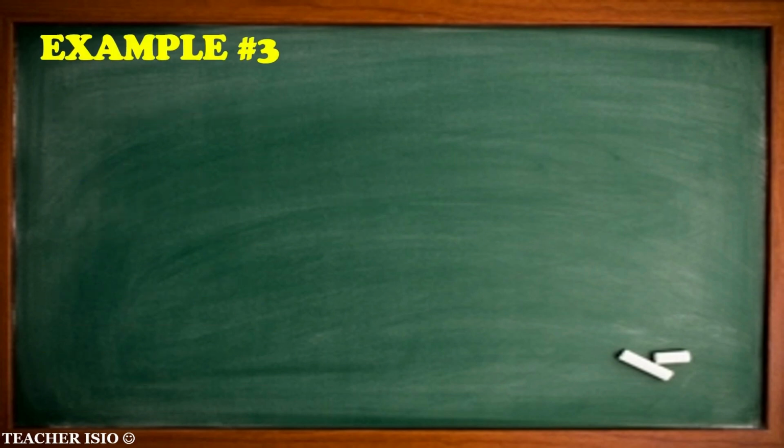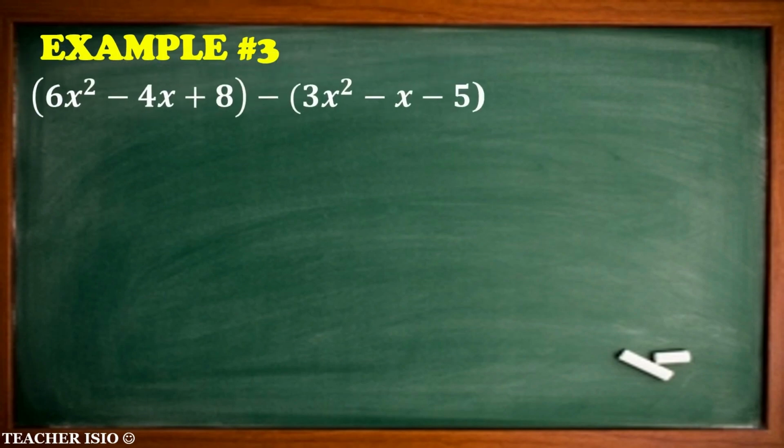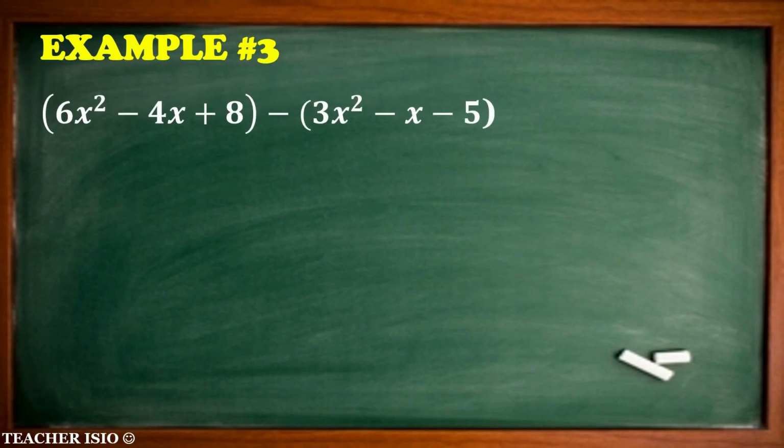Let's have now example number 3. 6x squared minus 4x plus 8 minus 3x squared minus x minus 5. So let's answer. Again, this is our minuend and this is our subtrahend.